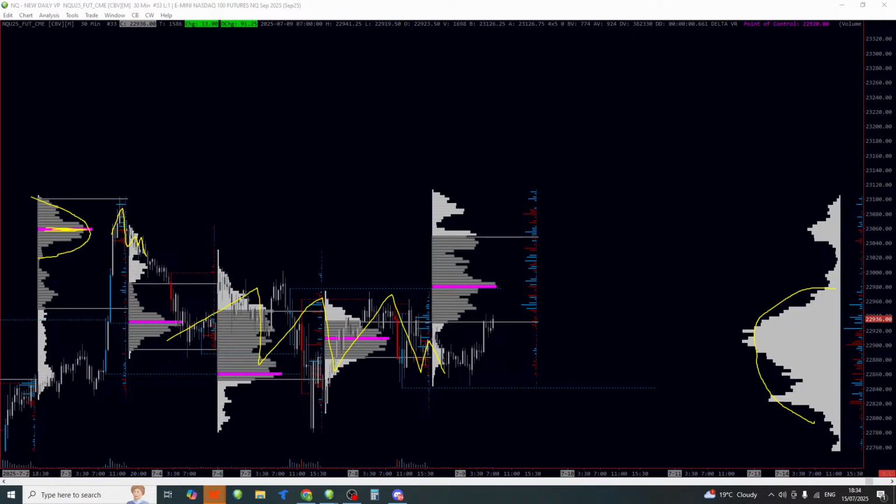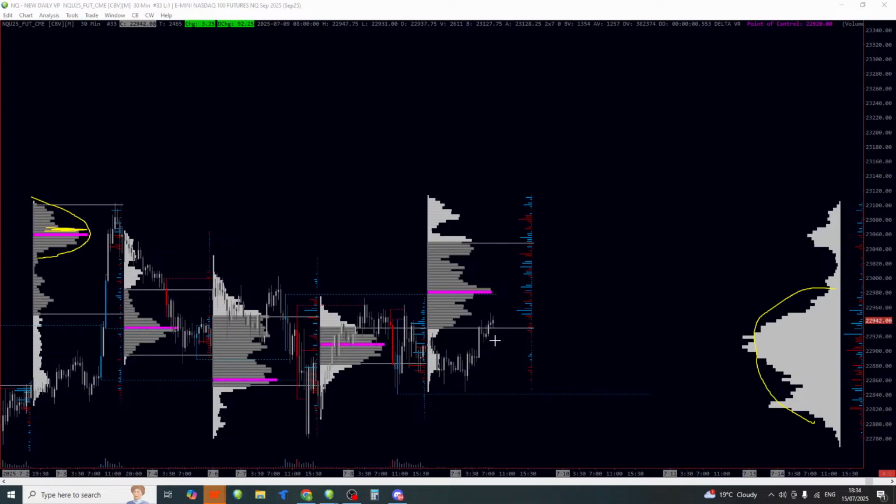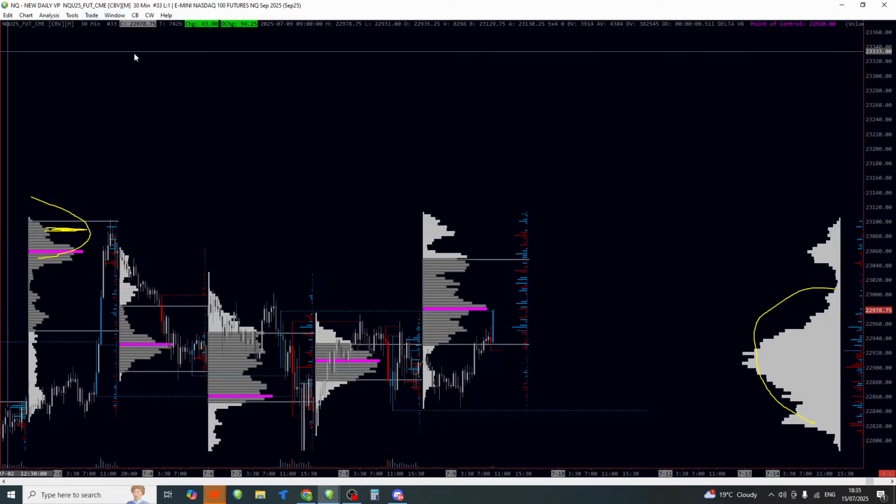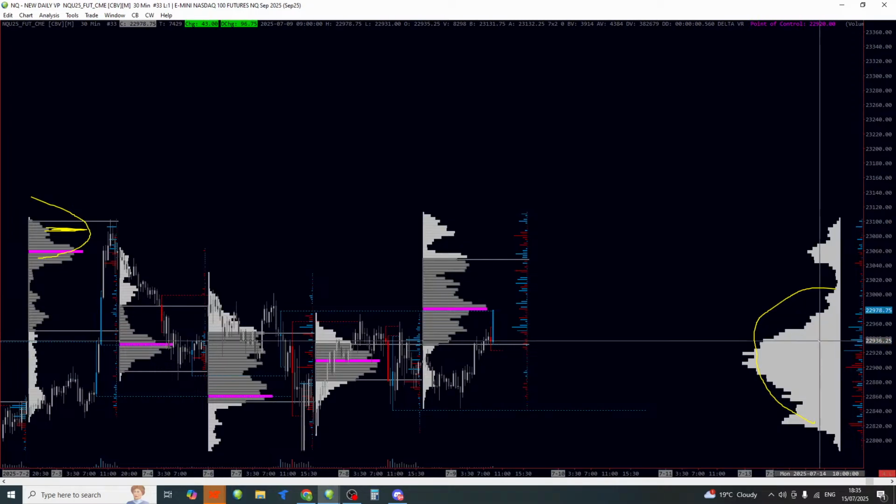Now, as I said, I only trade the RTH session. So I trade the 9:30 New York Open. So 9 o'clock is here, and this is where I'm doing my analysis. You can see now price is coming into the top of this range, and we want to identify this area where there's low volume.